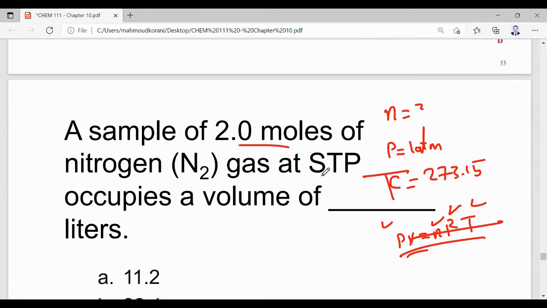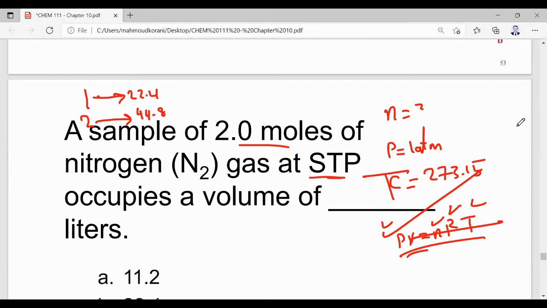According to Avogadro, 1 mole at STP has a volume of 22.4 liters. If I take 2 moles, it will be double, 44.8.